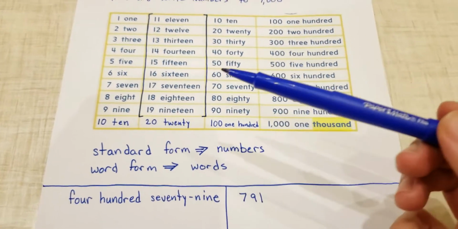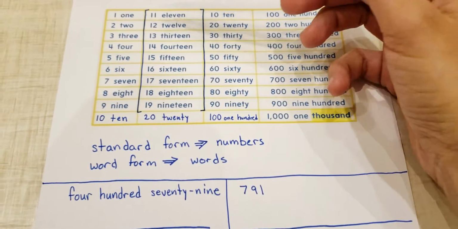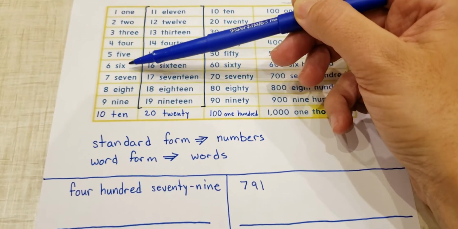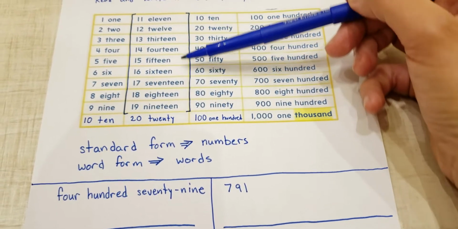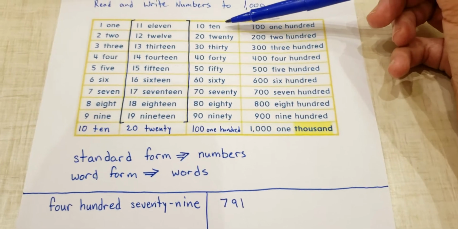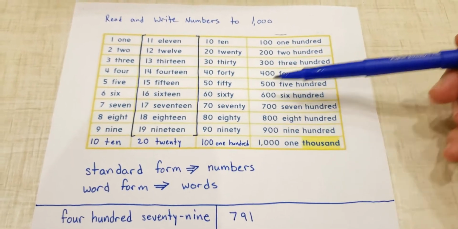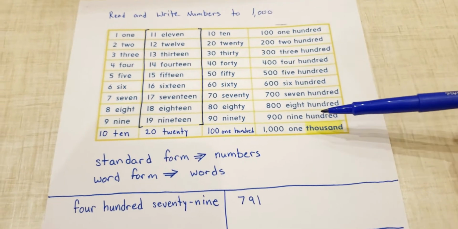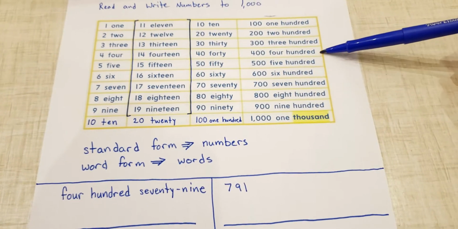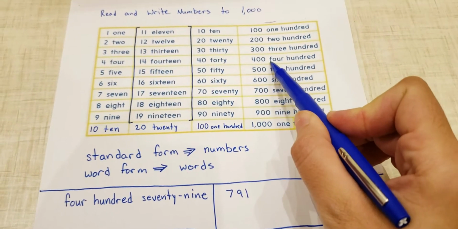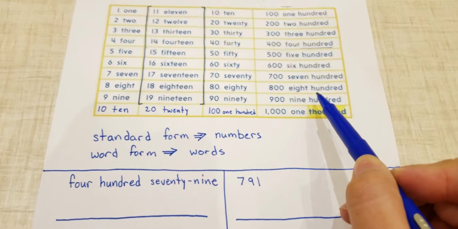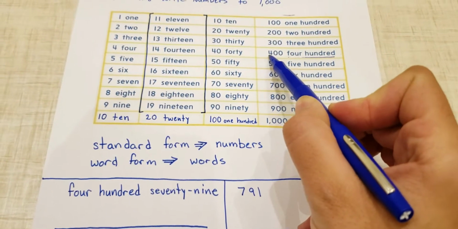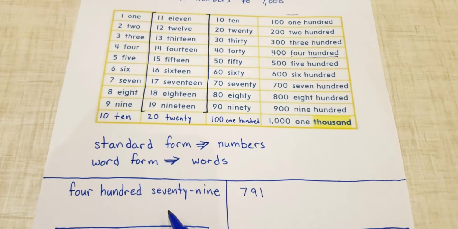We need to find 400 in our words. We see 1, 2, 3, 4, 5, 6, 7, 8, 9. Okay, we see the teen numbers here, beginning of our double-digit numbers. We see it here, we count by tens, and here we count by 100s. And we can find 400 right here. Okay, so this is 479. 400 is a 3-digit number.